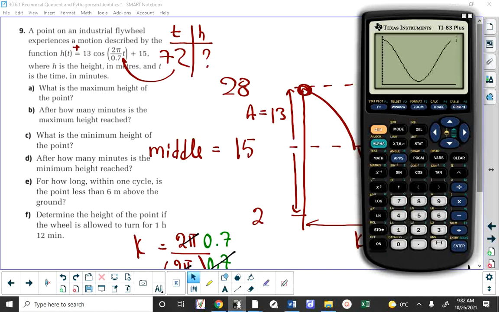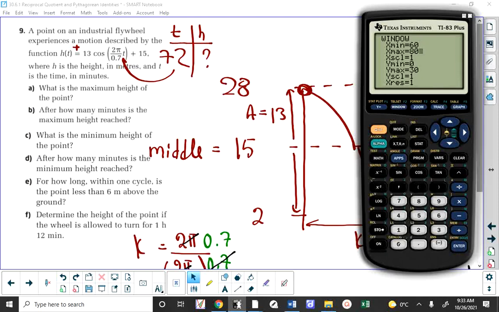So if we go back to F, and I want to know the height of the flywheel at 72 minutes, since I've only gone up to 0.7 minutes, I'm going to take back what I said and say this is not a good question, F, to answer on the graphing calculator. Not unless we want to do this: go for x from 60 to 80.